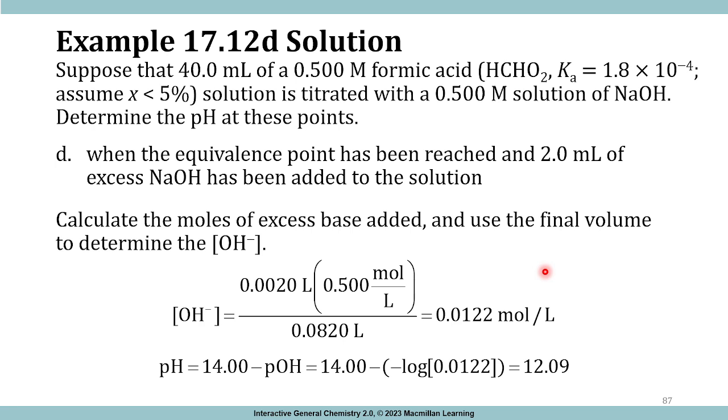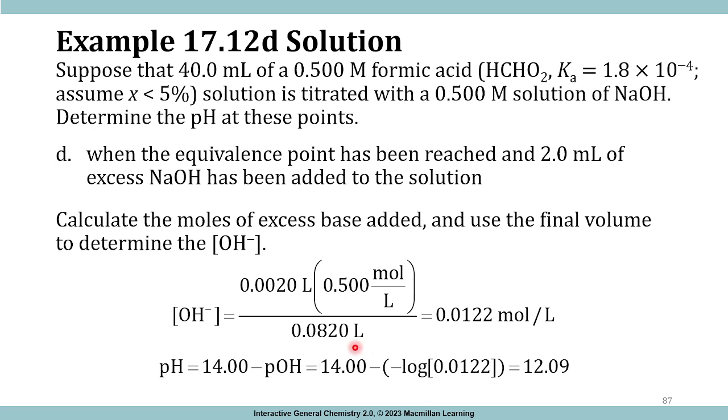We take the excess that we added, 2 milliliters, times the 0.5 molarity, divided by the total volume. We got to 80, then we added 2 extra, right? So we're at 82. And so that gives us a concentration of OH minus of 0.0122 molarity.